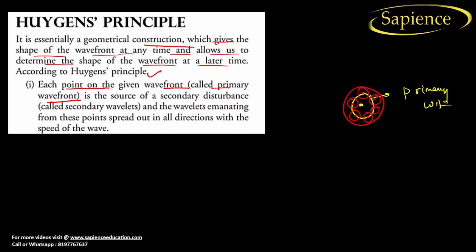Got it? And the wavelets emanating from these points spread out in all directions with the speed of the wave, that is equal to the speed of light. Got it?